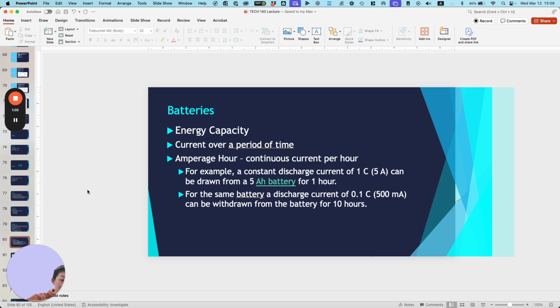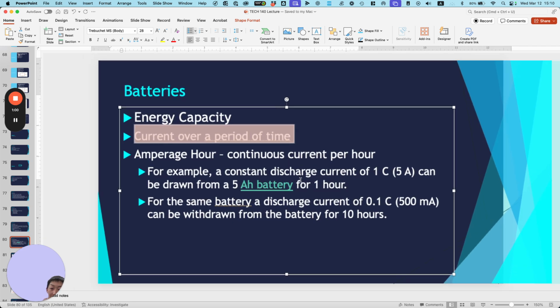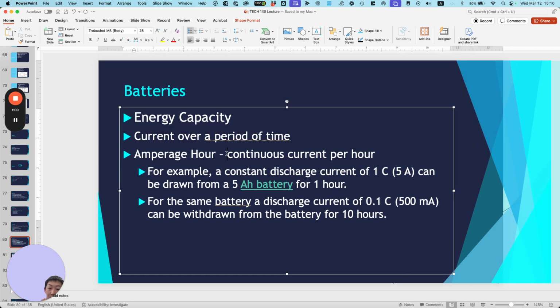Another thing is energy capacity. If you look here on the battery, we have it depicted in two different formats. We have it in milliamp hour, so that's the current over a period. That's amp hour. That's how much continuous current per hour you can provide.